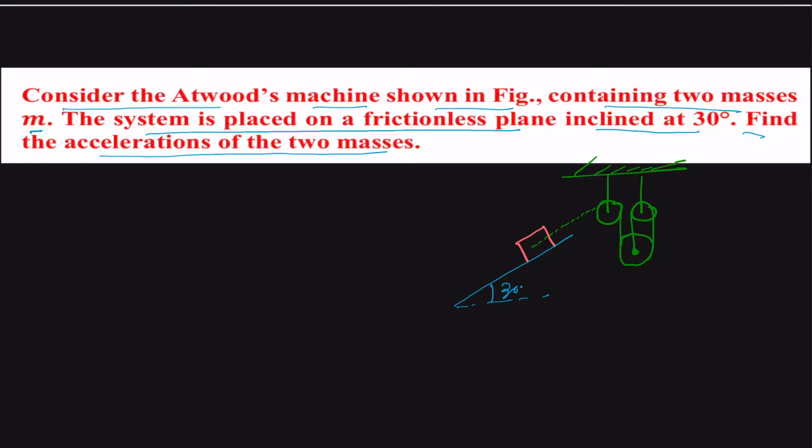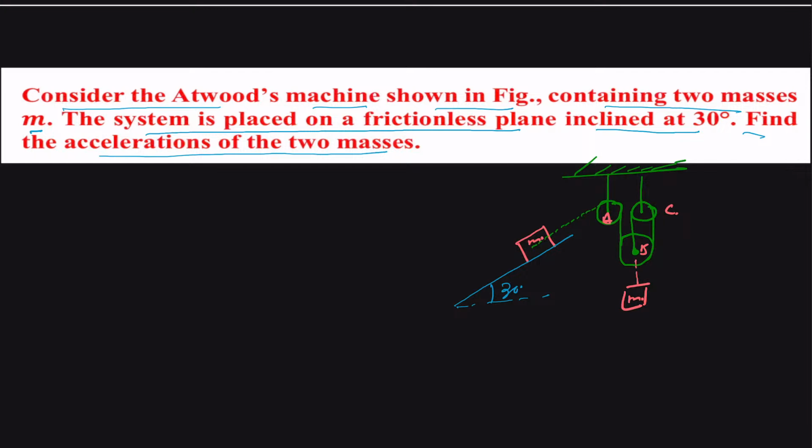So this is our basic figure given to us, and let us suppose we have this A and B and C, and to this B a mass m is attached, and here it is also mass m.